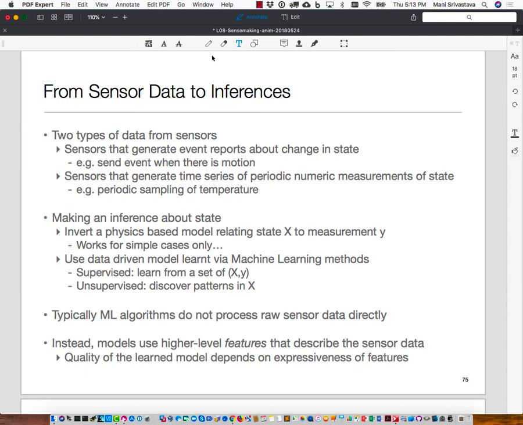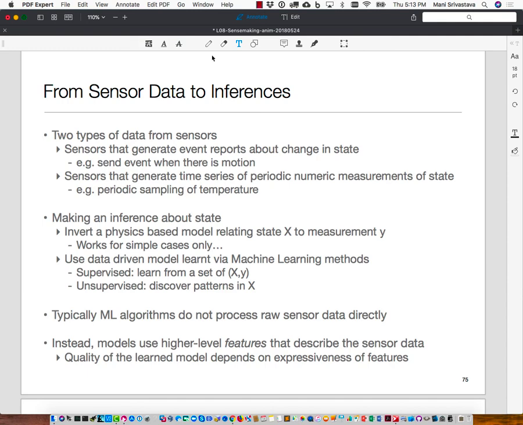Okay, let's restart. So finally we are on how to go from the cleaned and calibrated data to the inference phase. So the first thing to realize is that generally speaking, we encounter two types of sensors in terms of the type of data they produce. There are sensors that generate events, and there are sensors that generate periodic measurements.